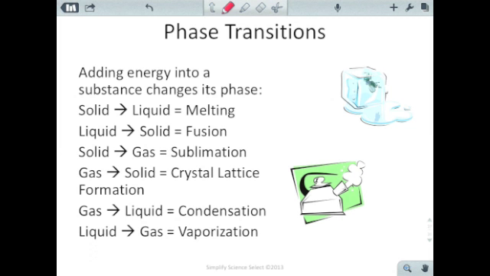When we go straight from a solid to a gas, skipping over the liquid phase, we call that sublimation, and going straight from a gas to a solid, we call that crystal lattice formation. And anytime we go from a gas to a liquid, we have condensation, and from a liquid to a gas, we have vaporization, or next to vaporization, you can put boiling.